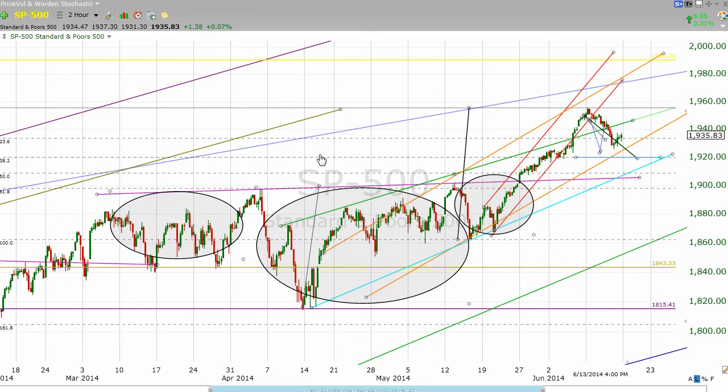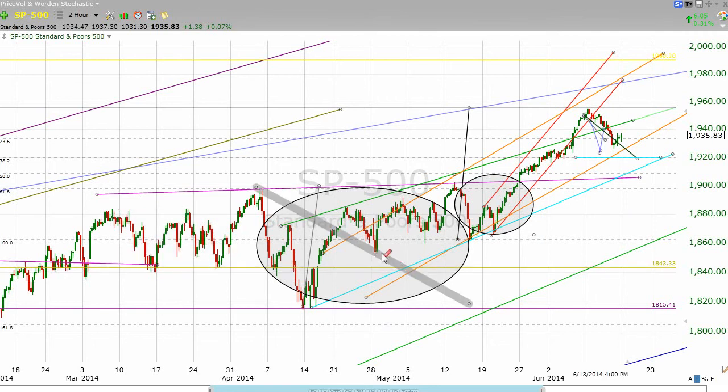Typically, this pattern was defined originally as a head and shoulders top, where you have the exact mirror image of this on the horizontal plane. So you would have a left shoulder rally, a head rally, and then a right shoulder rally. But since this is an inverted pattern, everything is upside down.